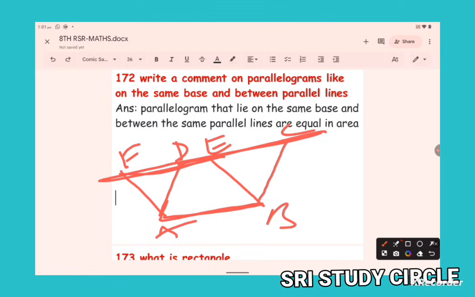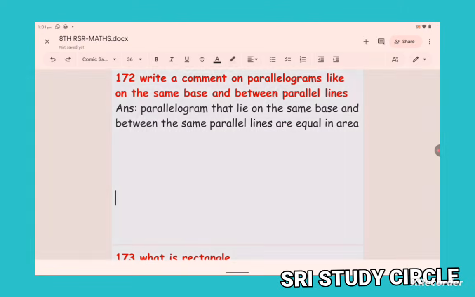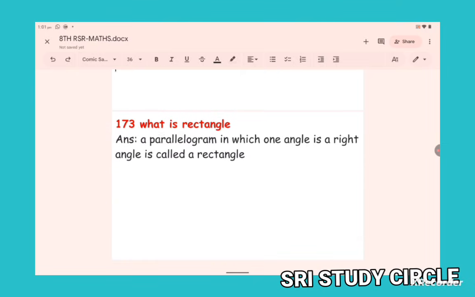Then the area of parallelogram ABCD is equal to the area of parallelogram ABEF. Two parallelograms which have the same base and lie in between the same parallels, then the area of the two parallelograms are equal. Now next question.